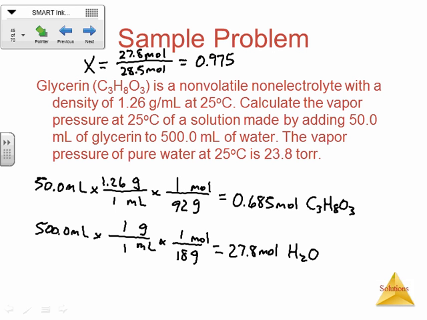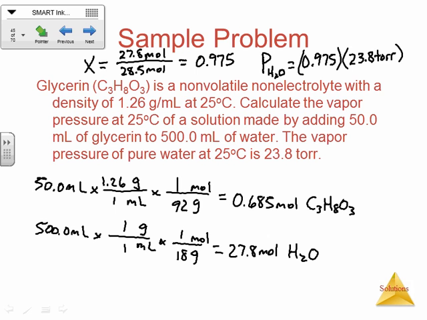Okay? So then once we have that, we can just plug it into our formula. So the new pressure of the H2O is going to be our mole fraction, which is 0.975, times the original pressure, which is 23.8 torr. Now, they're not specifying which unit they want the pressure in.